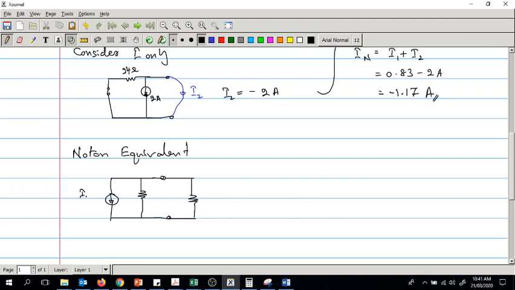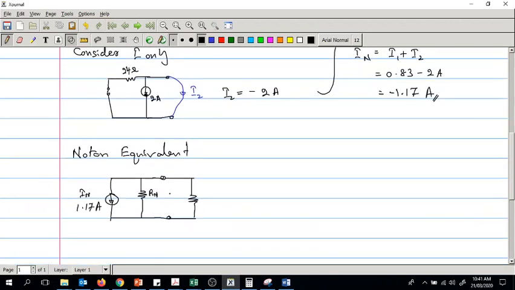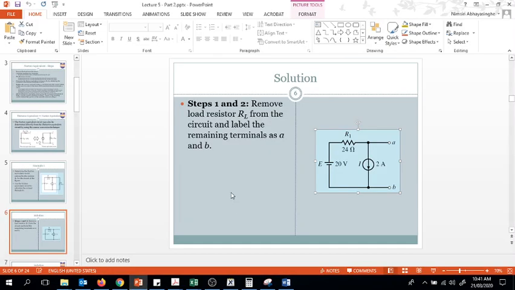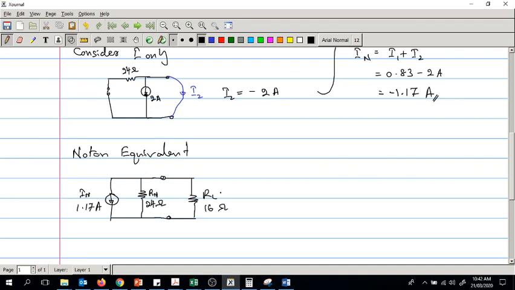So IN is 1.17 amperes, RN is 24 ohms, and RL was 16 ohms, right? 16 ohms. We are supposed to calculate the current through RL.